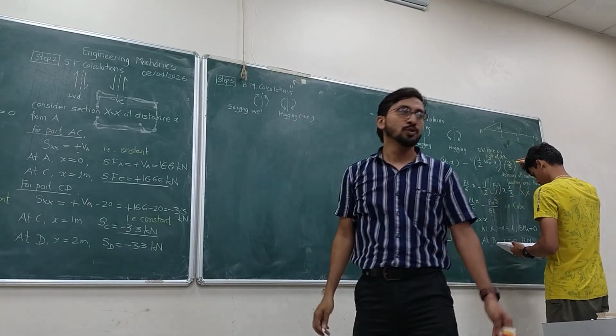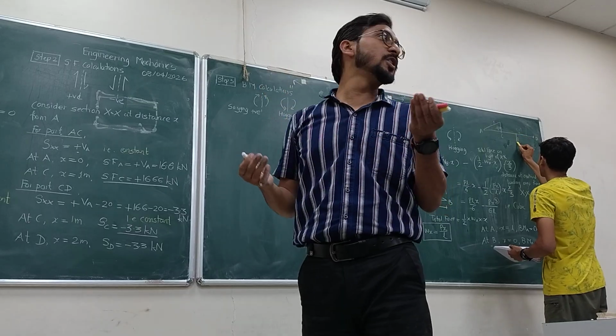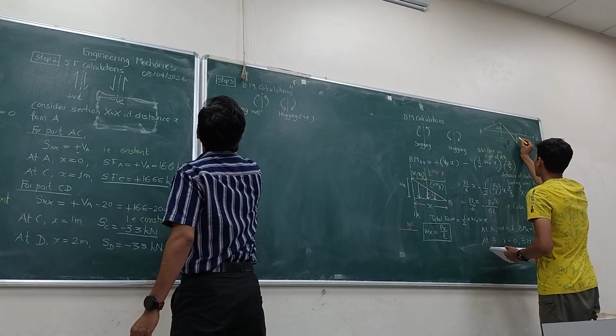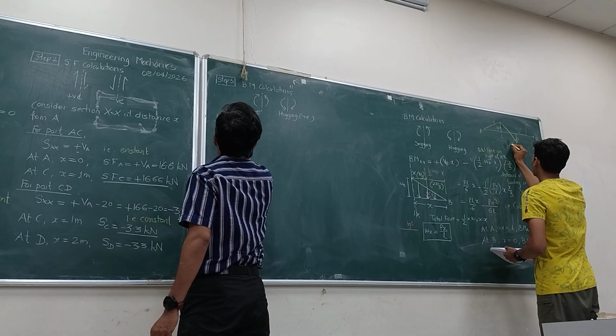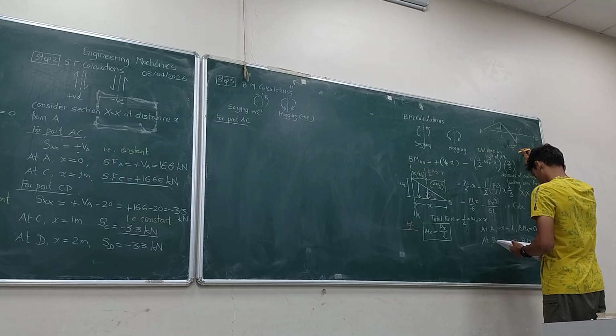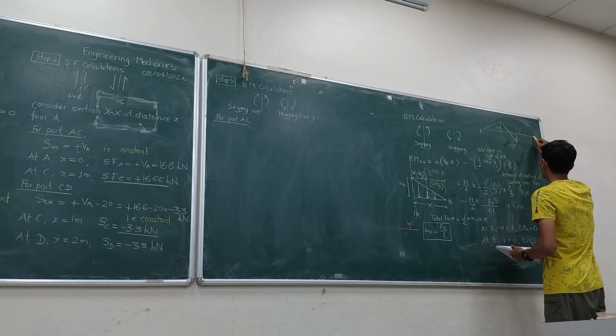So the sections are already defined. So we are going part by part. First, which part do we have to consider? AC. So for part AC, where is this AC part? This is the AC part. We have taken the section in the AC part, no? For the AC part we will look at the left side.